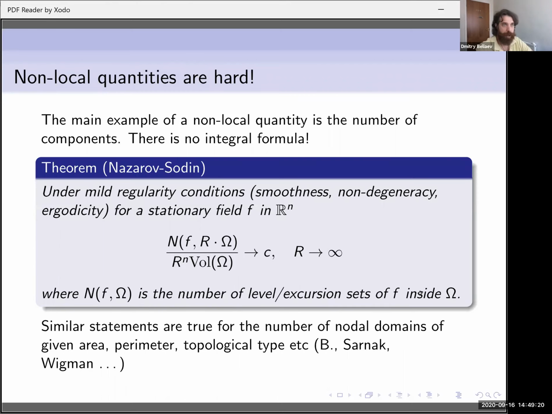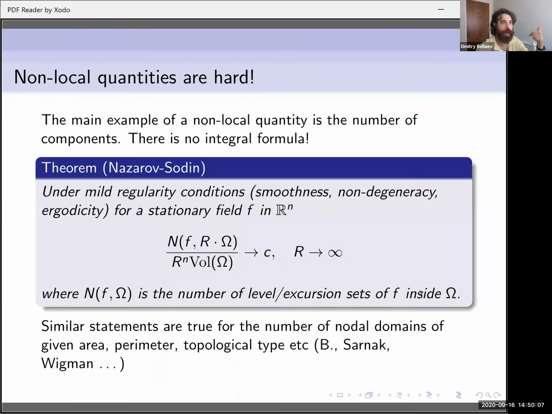And then there was a big breakthrough 10 years ago when Nazarov and Sodin proved that under some mild regularity conditions, so you have to assume that your field is smooth, you assume some non-degeneracy, you assume ergodicity, stationarity, and then if you take a fixed domain and rescale it by a factor R, and you look at the number of connected components in this big domain, rescale it by volume, and send R to infinity, then this random variable converges.